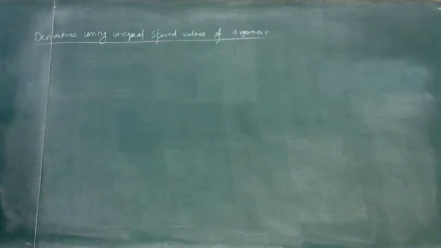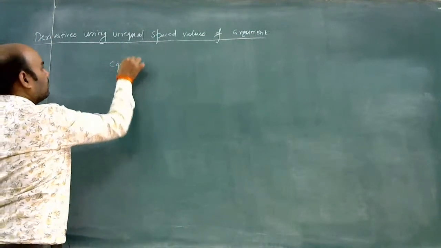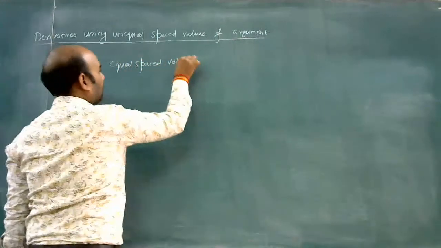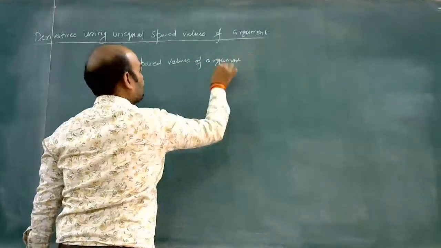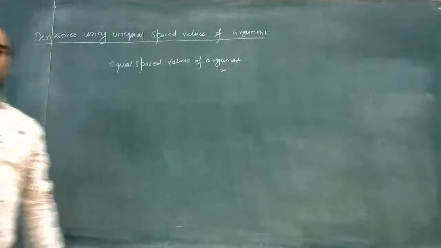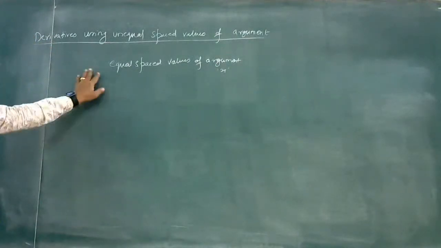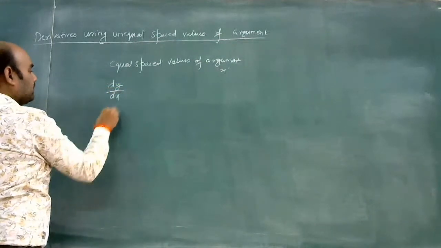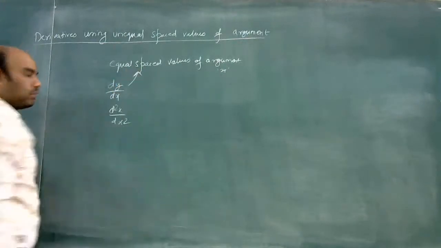So we have derived the formulas of derivatives with equally spaced values of arguments. What is the argument? It is x, the value of x. So we have derived different formulas for dy by dx and higher order d square y by dx square for equally spaced values.